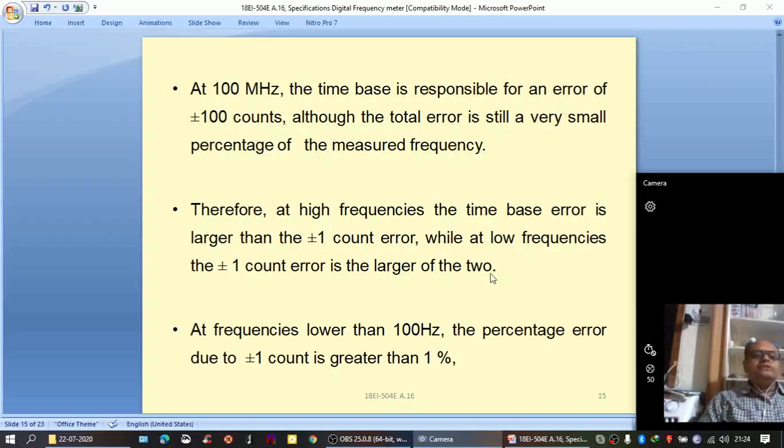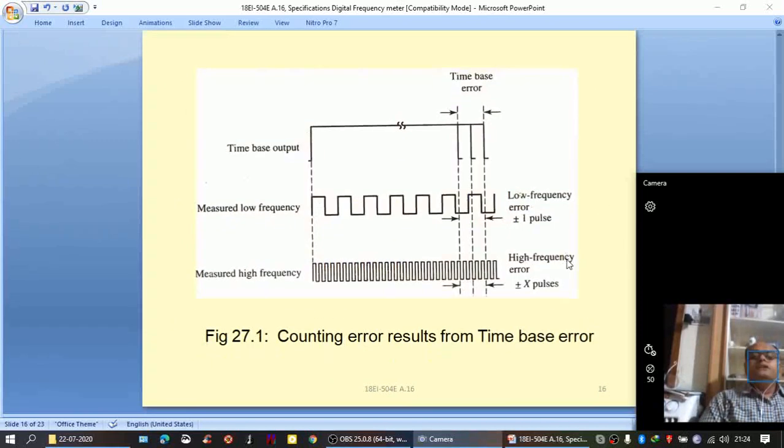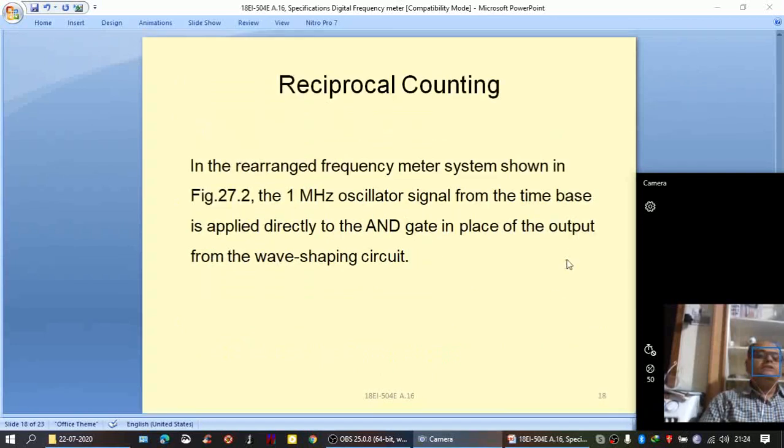In order to reduce this error, there is another method called reciprocal counting, that we will see in the next class. Thank you.